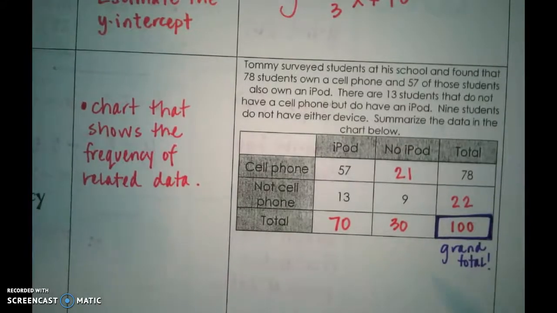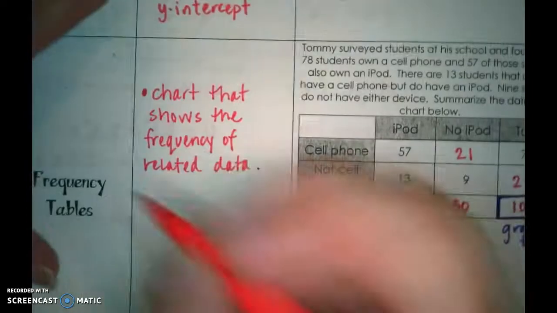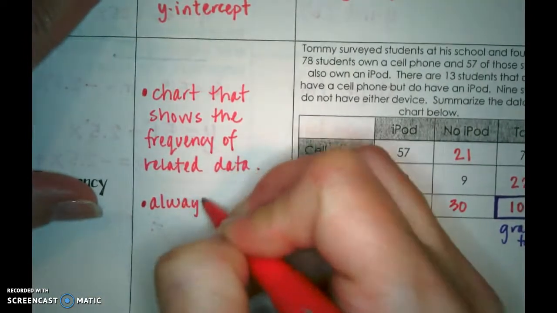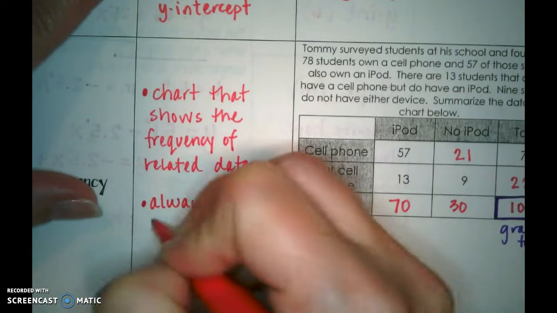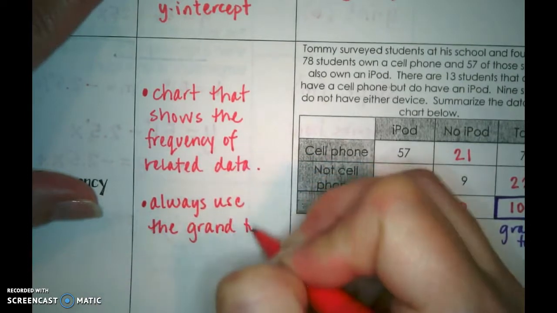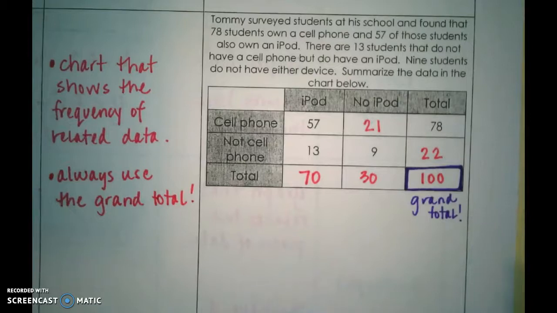So anytime we talk about the information in this table, we always want to use the grand total. All right, so if I asked how many students did not have a cell phone?